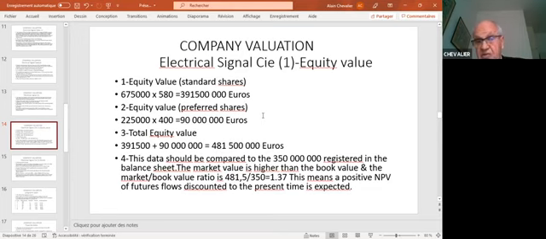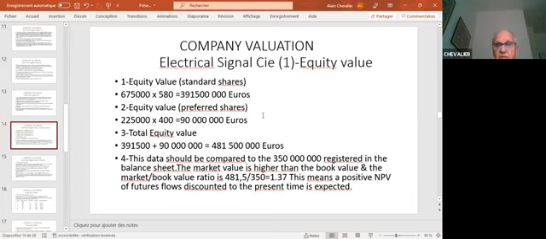Same calculation for the preferred shares. Equity value of the preferred shares: 400 each, 225,000 shares. And again, these 90 million euros are found on line number 4.